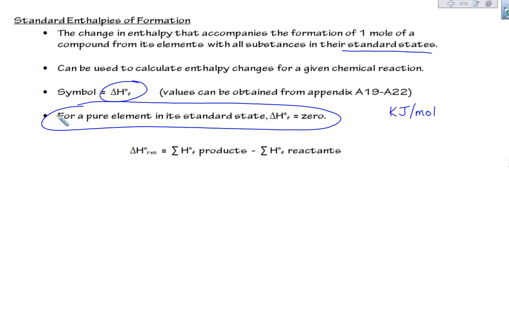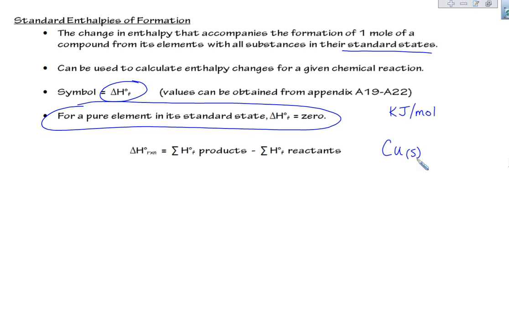For example, something like copper in the solid phase, elemental copper is naturally occurring. There is no energy change that accompanies the formation of solid copper. And we're not talking like nuclear reactions or anything funky here. The elements on the periodic table are naturally occurring. Most of them.